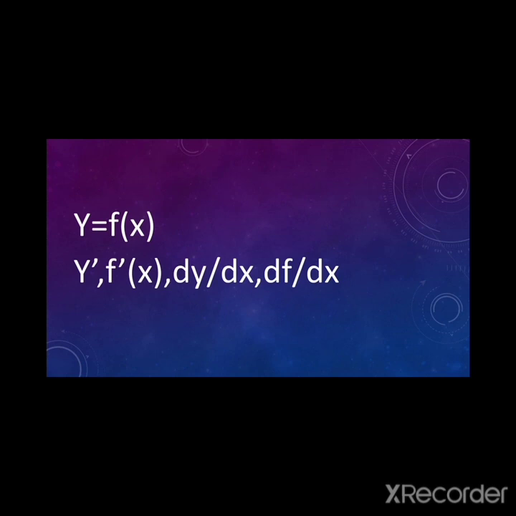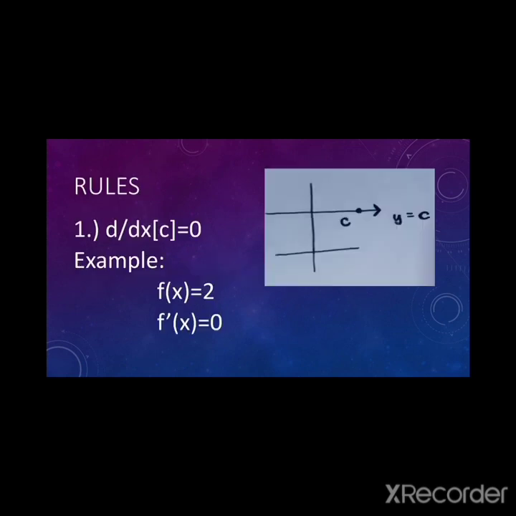So the first rule says if we take the derivative with respect to x, so d dx means take the derivative with respect to x, of a constant function, what do we get? Let's think about it. The derivative is the slope of the tangent line. So if you were going to graph a constant function, say c, it's a horizontal line.